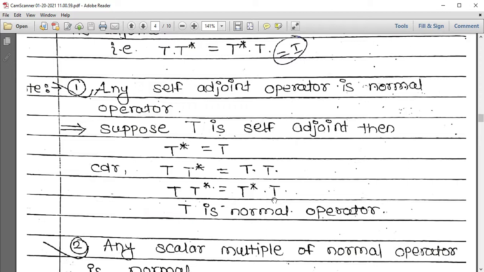Hence we get T T star is equal to T star T. Hence T is a normal operator. So any self-adjoint operator is a normal operator. This is the proof of the above statement.